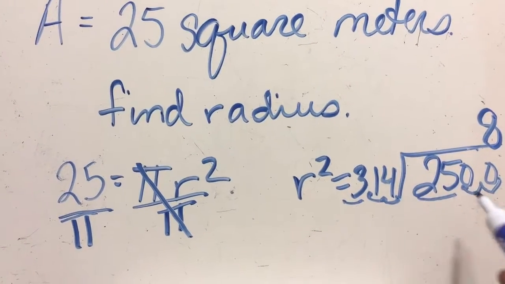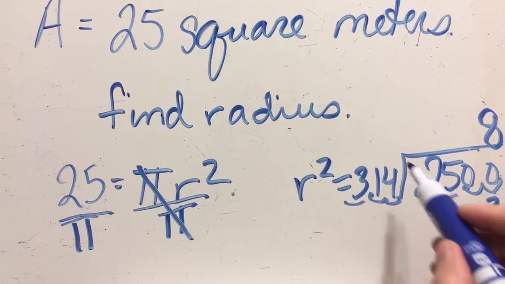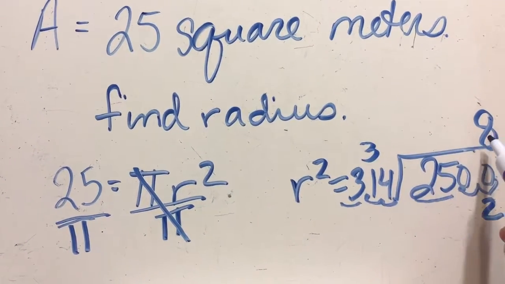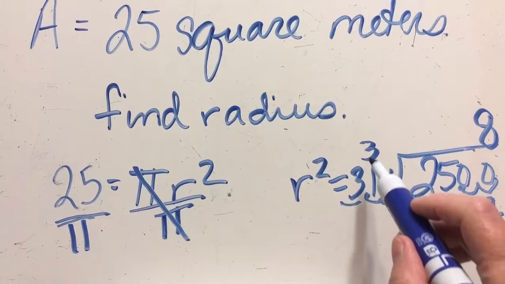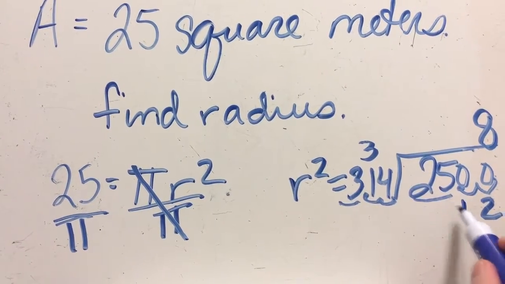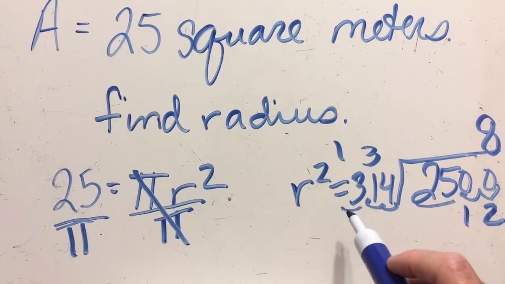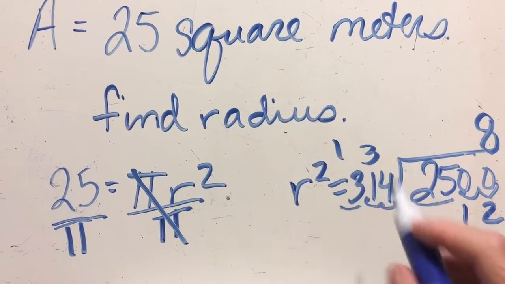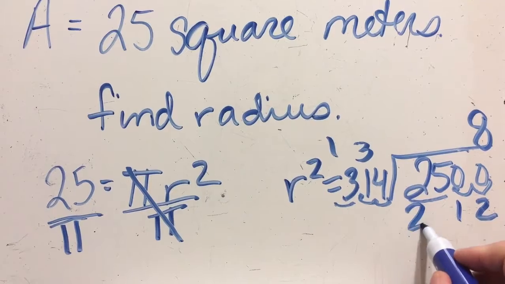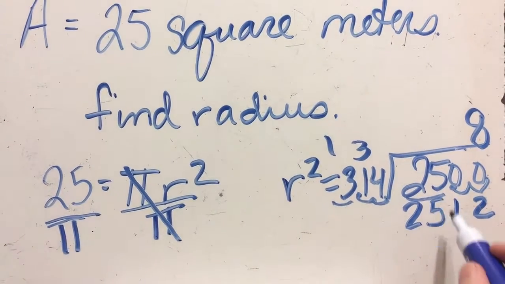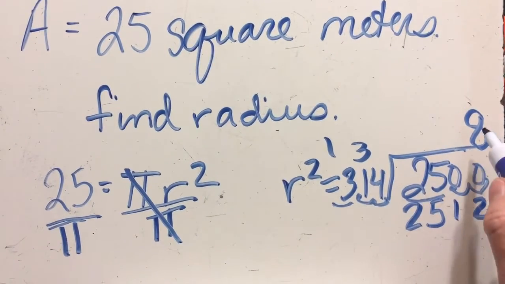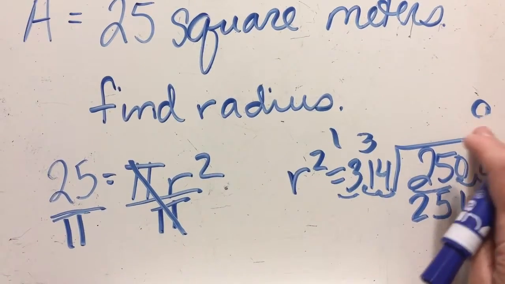And 8 times 4 is 32. And 8 times 1 is 8, plus 3 is 11. And 8 times 3 is 24, plus 1 is 25, and guess what happened? We went over. So 8 is not going to work.